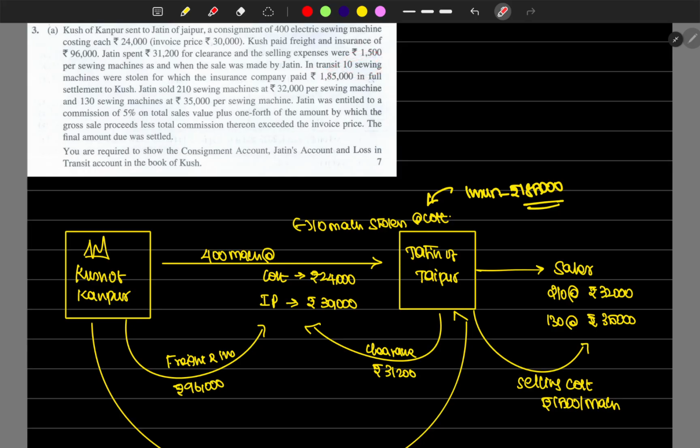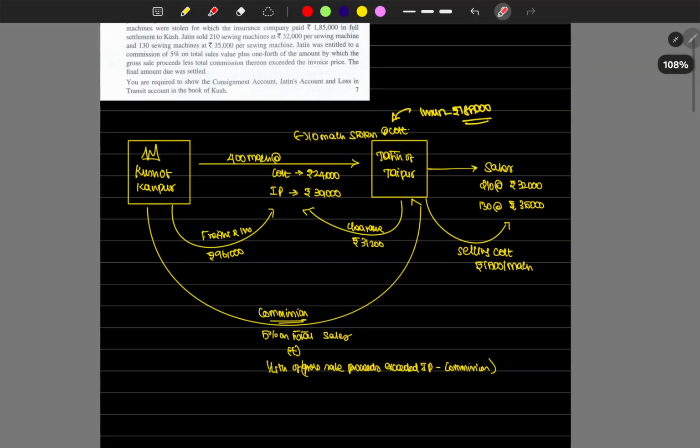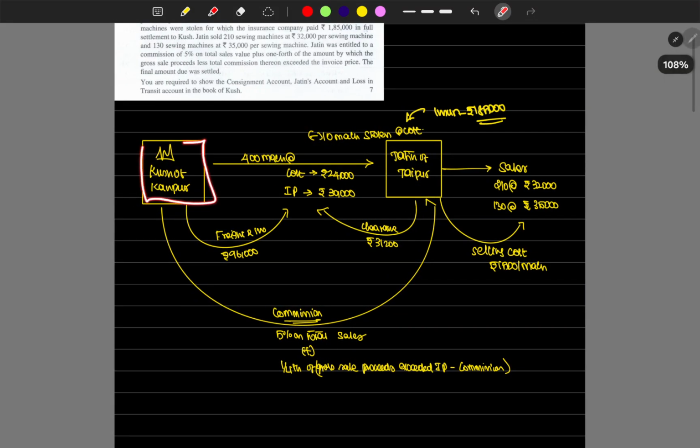Whatever we read in the question, I have pictured in an understandable format. Kush of Kanpur sent 400 machines at a cost of rupees 24,000 and an invoice price of rupees 30,000. Kush spent 96,000 and Jatin spent 31,000 for clearance.